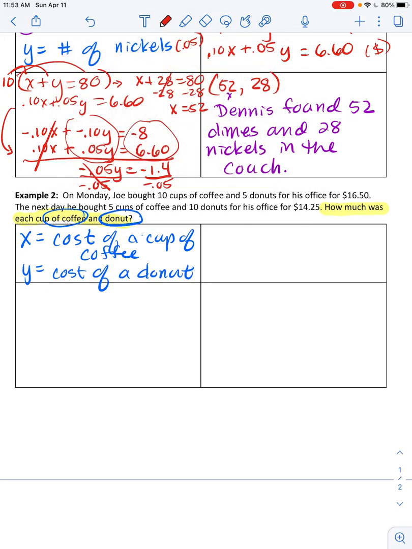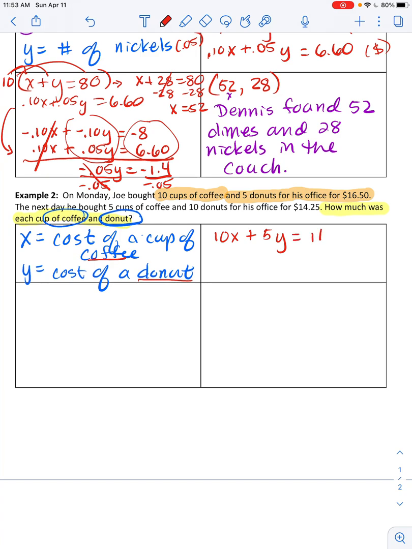Now I'm going to move on to turning these words into equations that I can solve. One relationship tells me he bought 10 cups of coffee and 5 donuts, and it added up to $16.50. So let's turn that into an equation. 10 cups of coffee is 10 times how much the coffee cost, plus 5 donuts means 5y, because X is representing my cups of coffee and Y is representing the donuts.